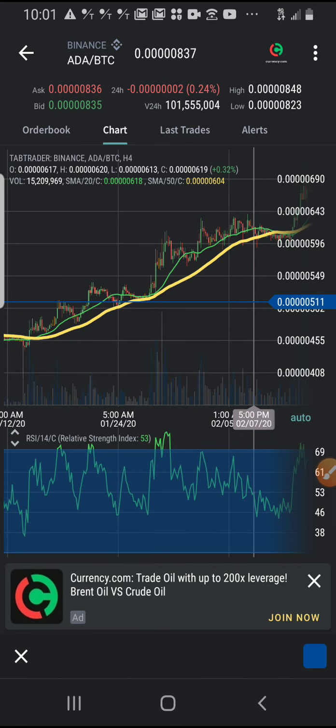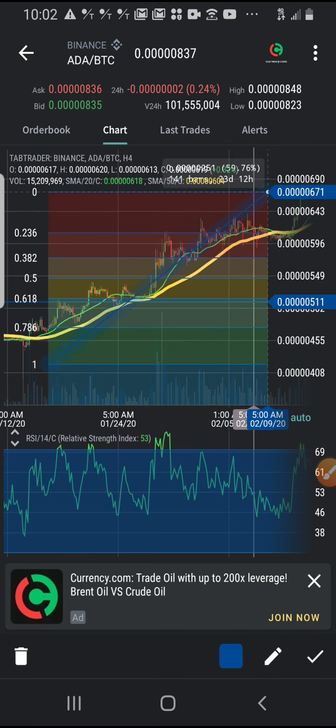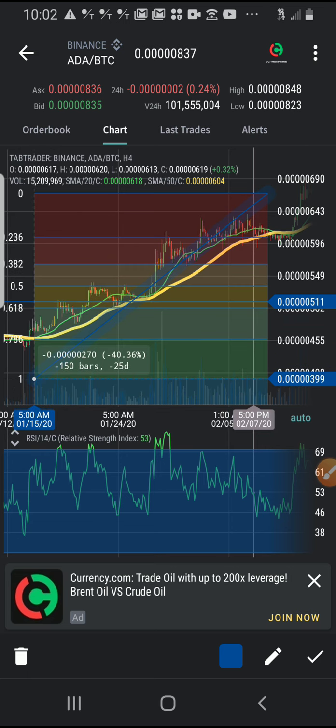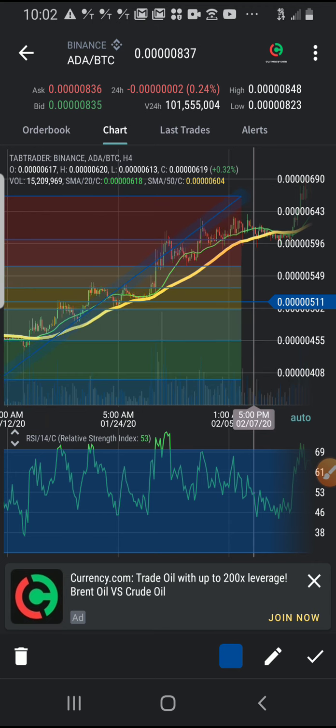What we are going to do is draw from the lowest price to the highest price the coin touched before we started coming down. So we are going to draw from this price up to this price. Do you see the red candle that dropped before? That's where we are placing it, around 402.